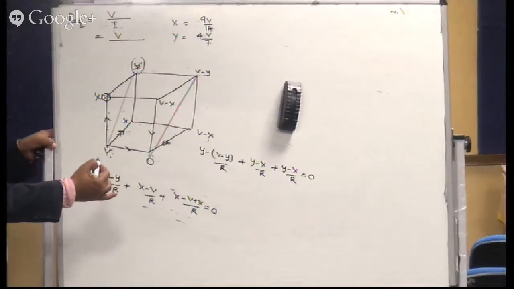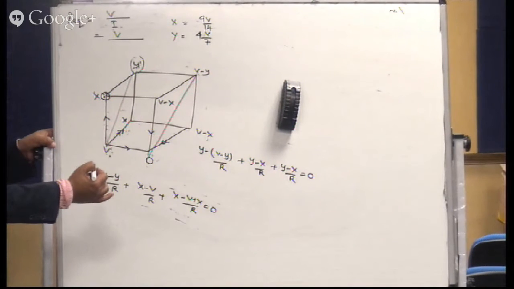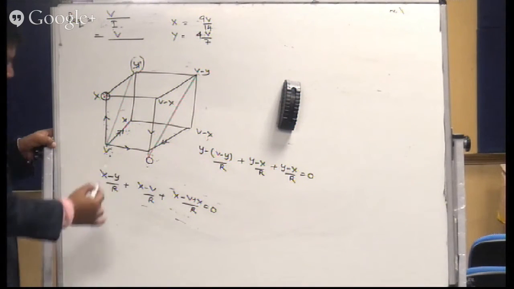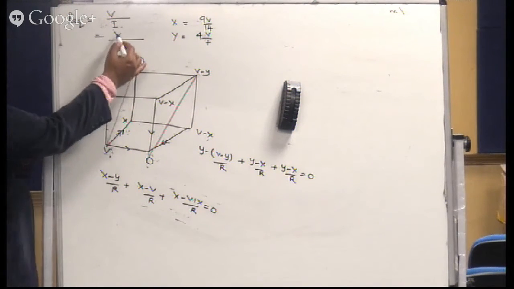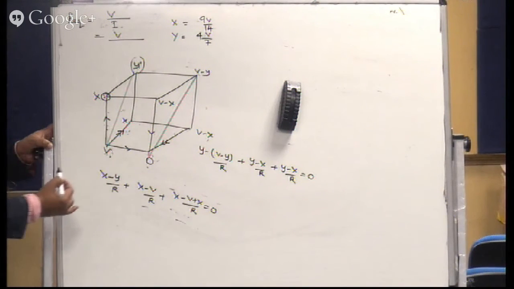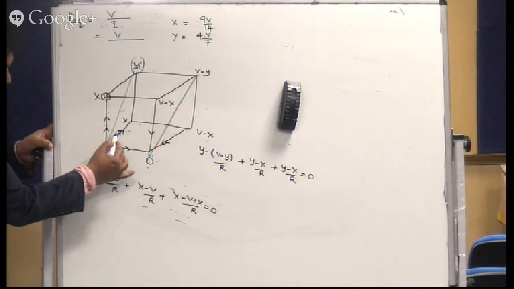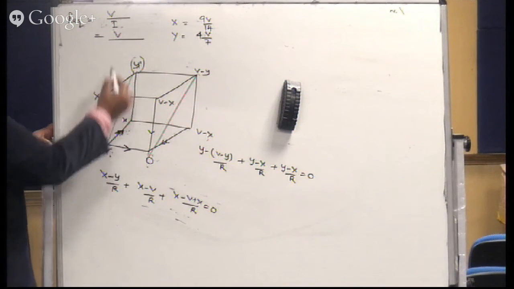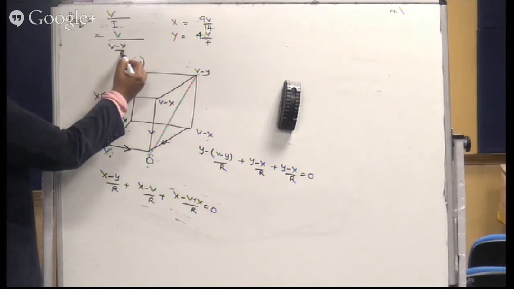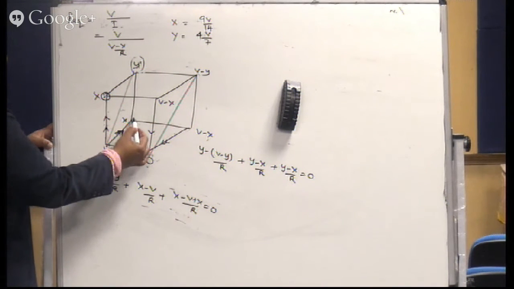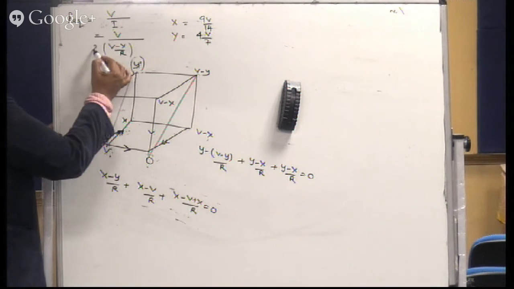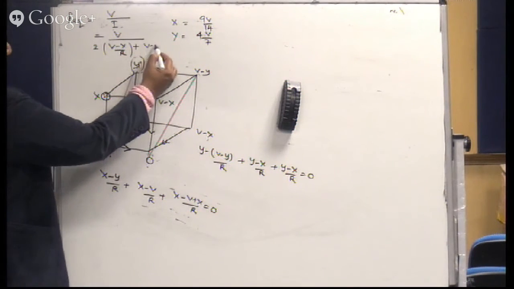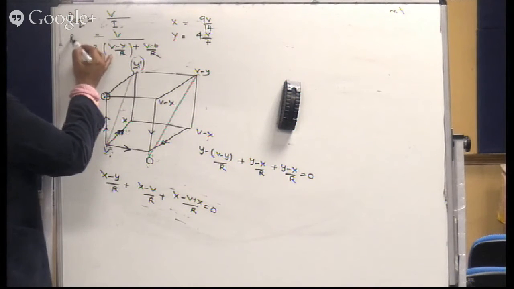Which current should I take? ये v है, ये 0 है। v माइनस 0। यहां भी जा रहा है, यहां पर भी जा रहा है, यहां पर भी जा रहा है। What will be this current? How much is this current? into 2 कर दूं? And what is this current? R equivalent.